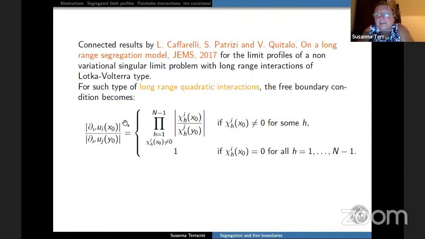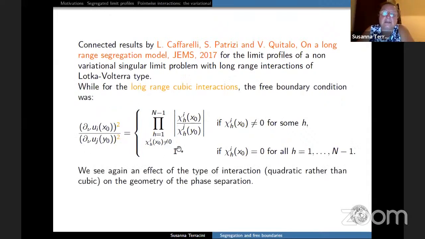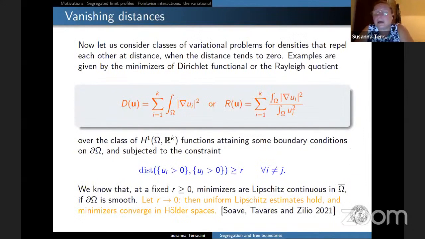So what happens is that if you don't put a distance, the extremality conditions at the nodal set, in the pointwise competition case, do not distinguish between cubic and quadratic interactions, while if you put a distance, even a small distance, you can see a difference.